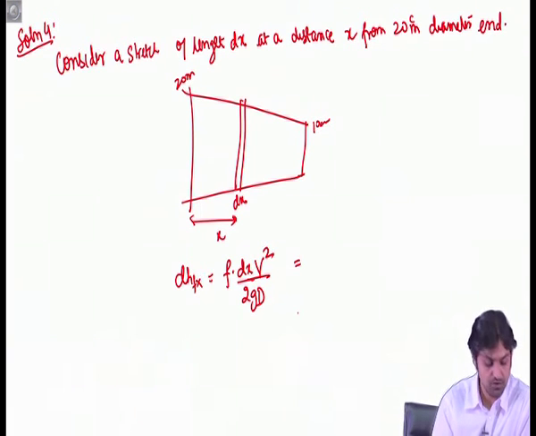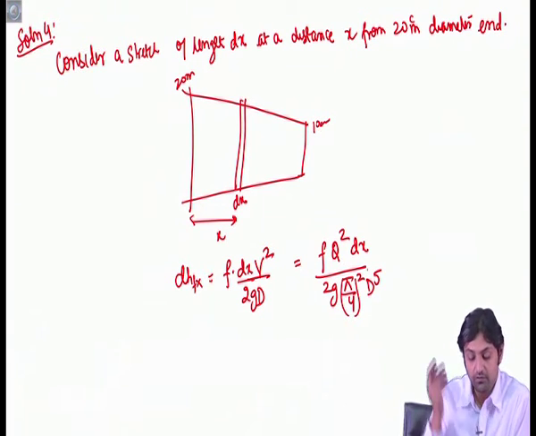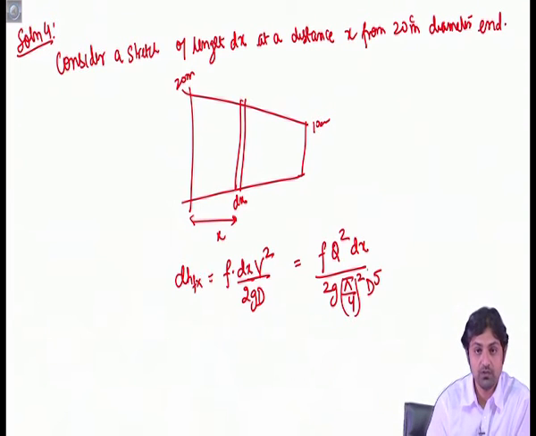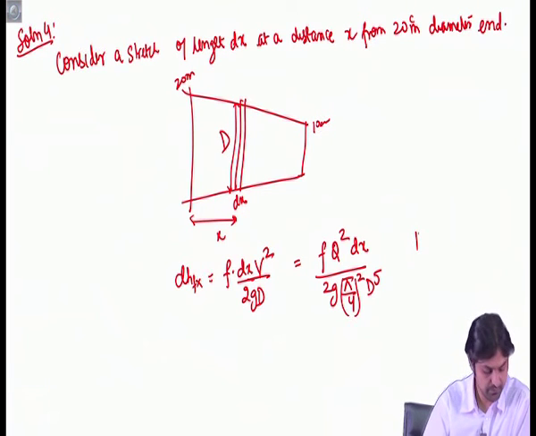If we write it in terms of Q, we can write friction factor f Q square dx divided by 2g into pi by 4 whole square into D to the power 5, because V square will be Q square by A square and A is proportional to D square, so A square gives D to the power 4. So we get this equation, where D is the diameter at distance x.